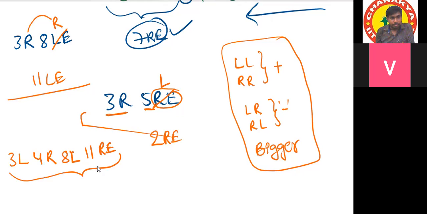Sir, it's 12th from the left end. No, sir. 12th from the right end. We have to take the position from the right end only, but consider it as left for our addition and subtraction calculation. Yes, sir. 12th from the right end.